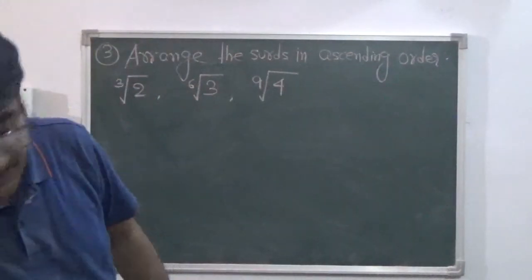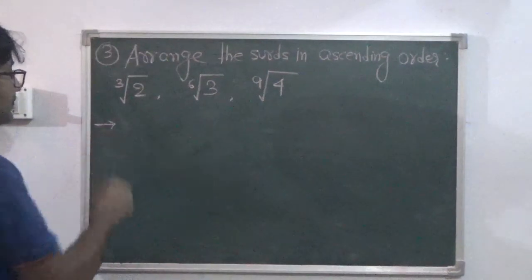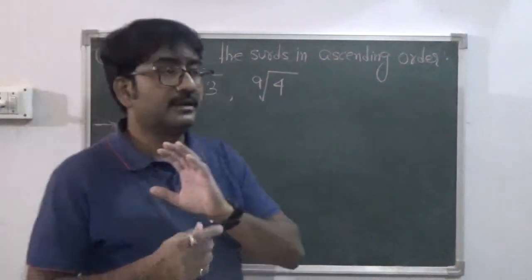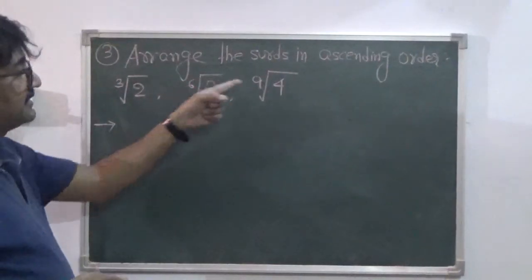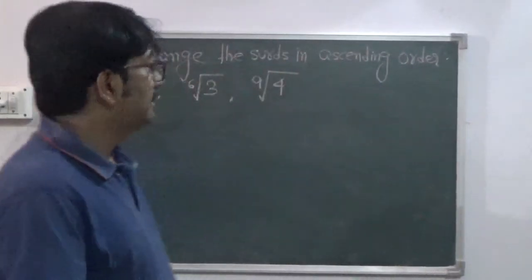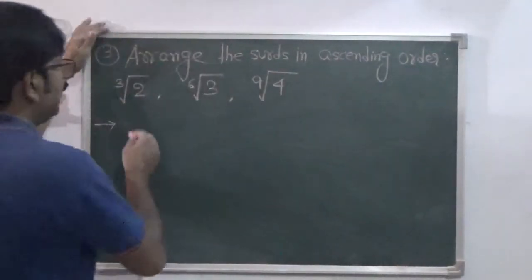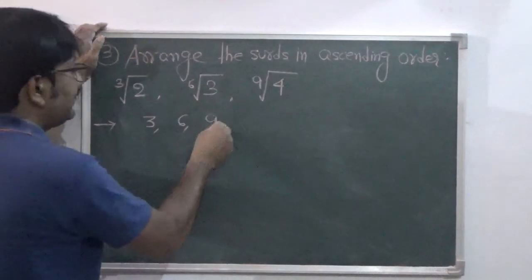So how to proceed? While discussing surds, we have seen that this 3, this 6, this 9 are the orders of the surds. The orders here are 3, 6 and 9.